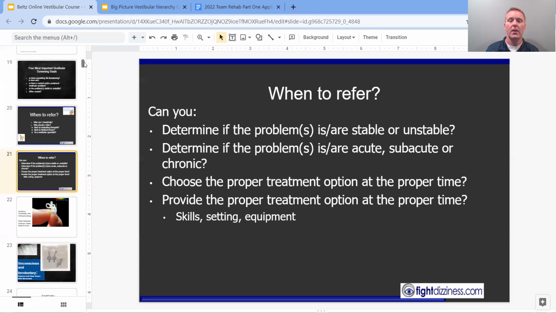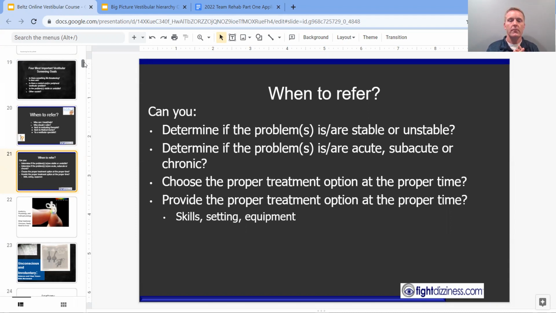And so once again, big things on your list. Is the problem stable or unstable? Are we in the acute phase, the subacute phase, or the chronic phase of the disease that's causing their dizziness? And do I know which type of therapy to provide these individuals? And can I provide the proper treatment options for these patients at the proper time?